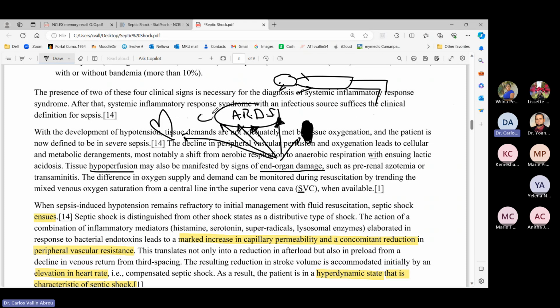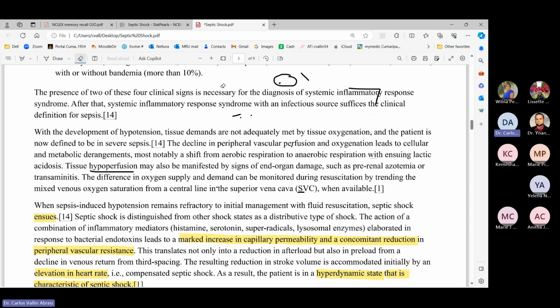And then, of course, the brain is going to be affected. And last the heart, and when the heart stops working, yes, you are dead. And this is what is called multi-organ dysfunction syndrome, with organ damage such as pre-renal azotemia.